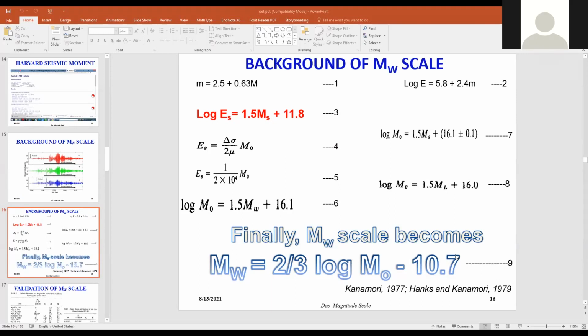Equation 1 is given by Richter, equation 2 is also given by Richter, and what he did is substitute equation 1 into equation 2 to get a relationship between the energy and the magnitudes, and he got equation 3. So now he considered this the base equation for representing the energy with respect to the magnitudes. And then he substitutes some values in this equation to remove this saturation problem of MS, just like equation 4.